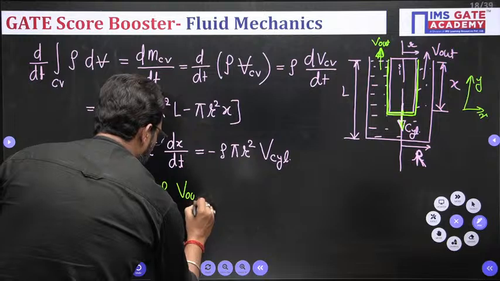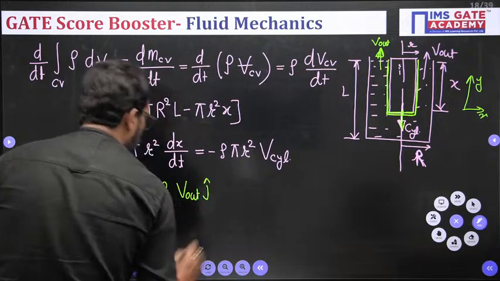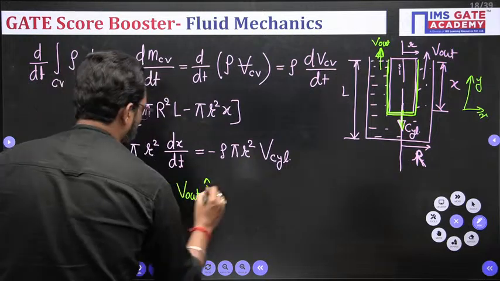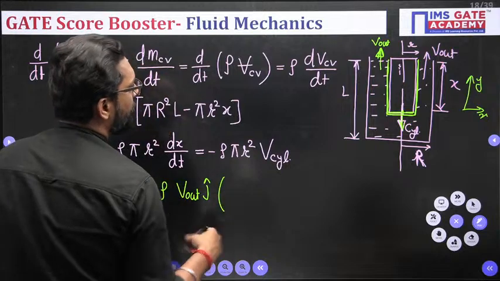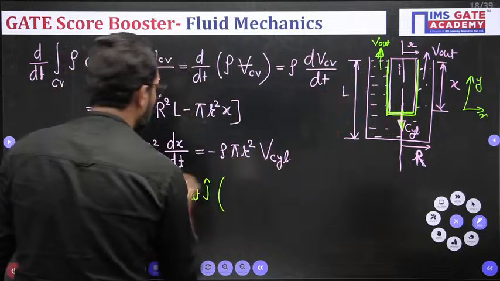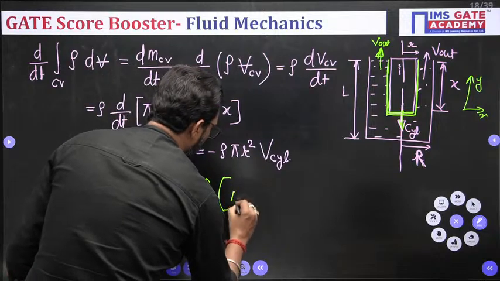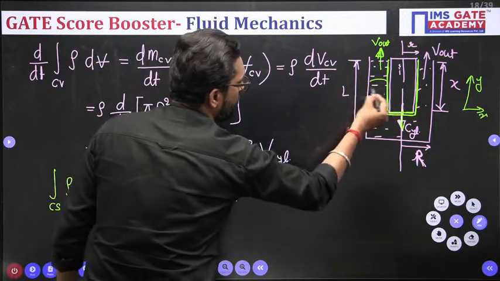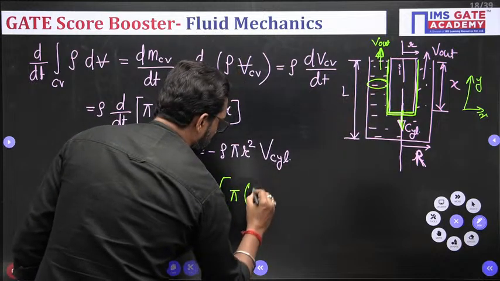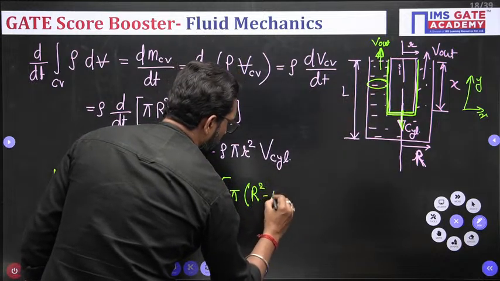V out into j, minus what is the area? The out area. So what is the out area? The out area is your annular space, pi capital R square minus small r square.